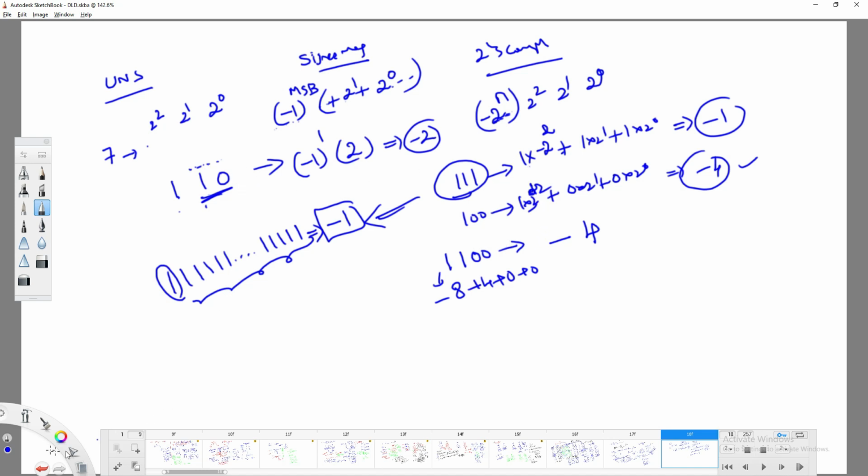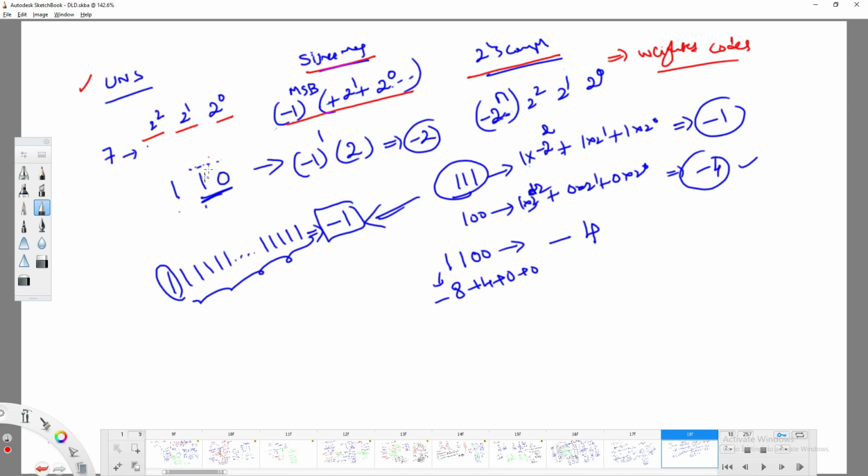If you observe the logic here, I am able to represent unsigned numbers in a format like powers of 2, and signed magnitude representation with some kind of formula, and 2's complement with some kind of formula. Those I can call weighted codes. What is the meaning of weighted codes? Each and every location has a particular value, and if I perform some expression, I am going to yield the same result.